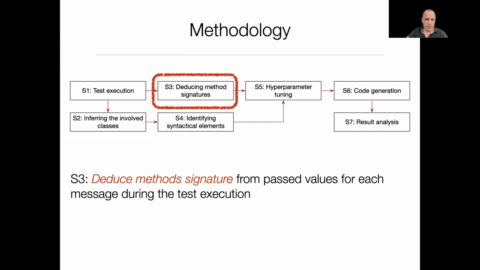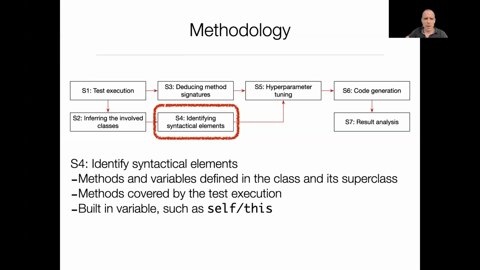We also use all this information to identify the syntactical elements that are likely to be called during the evolution. In particular, which methods are likely to be called and which variables are likely to be accessed. We use the methods that are covered by the test executions, and we may also use some variables such as self and this.